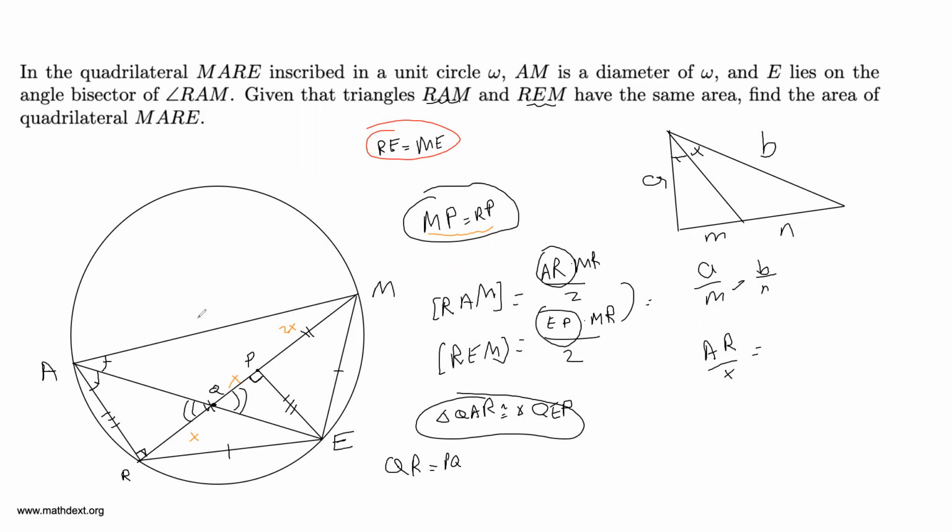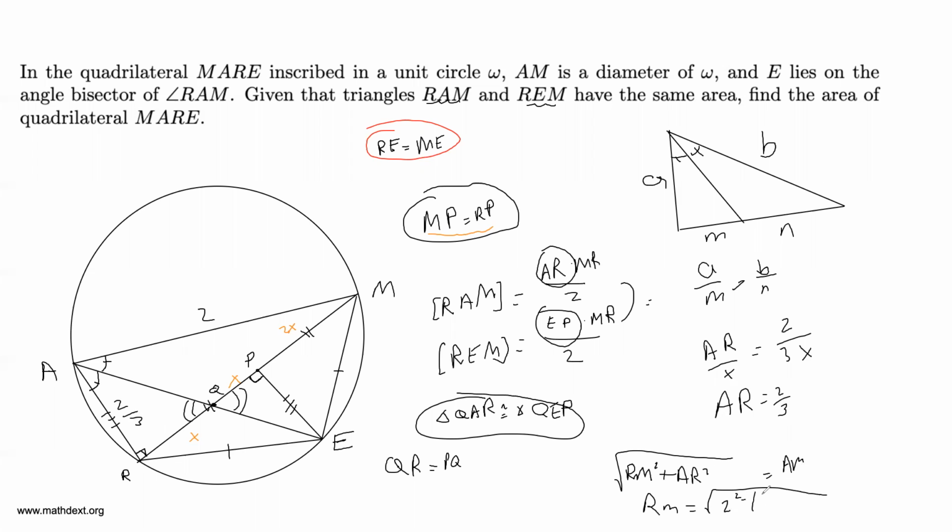Since AM is the diameter of the unit circle, AM is equal to 2, and MQ is equal to 3x. So you can multiply both sides by x to get AR is equal to 2/3. The Pythagorean theorem gives, nice and easy, RM squared plus AR squared equals AM squared. You can solve for RM: RM equals the square root of 2 squared minus (2/3) squared, which eventually gives 4 root 2 over 3.